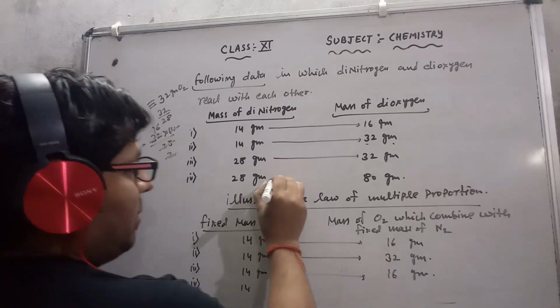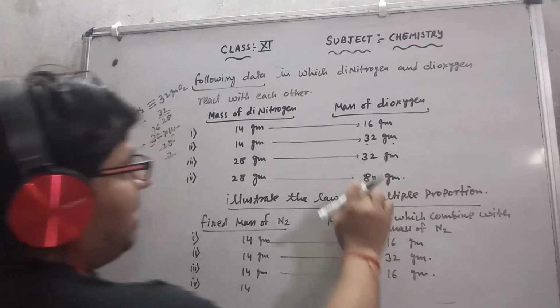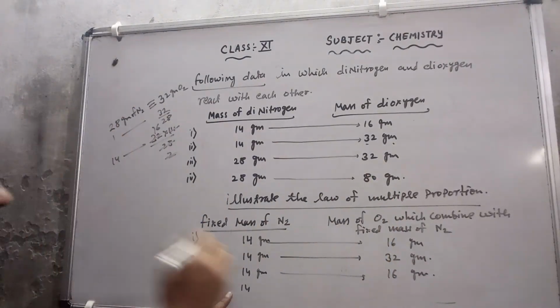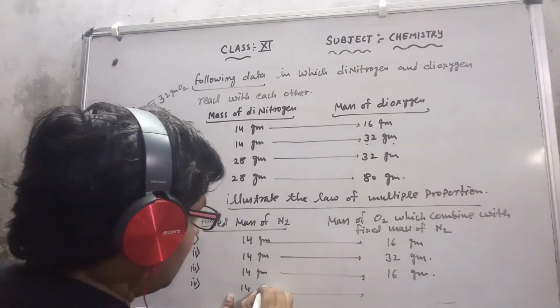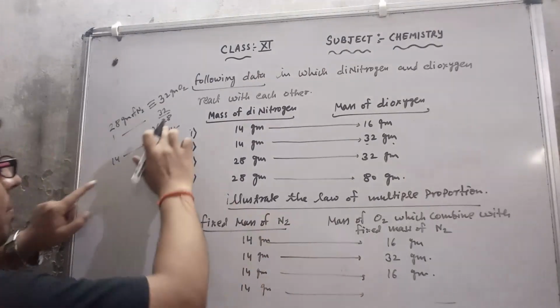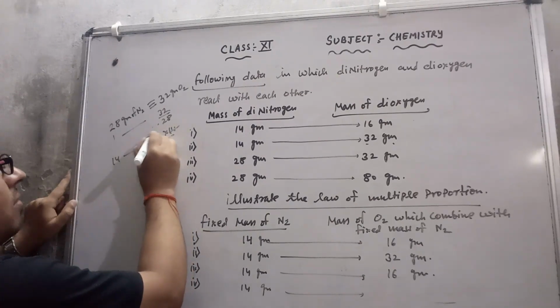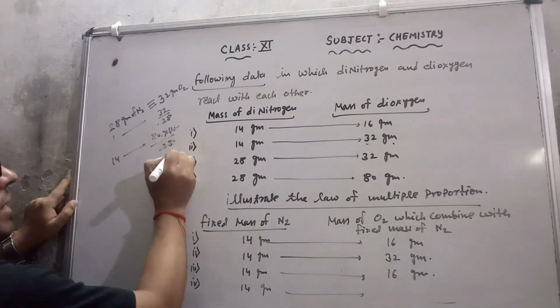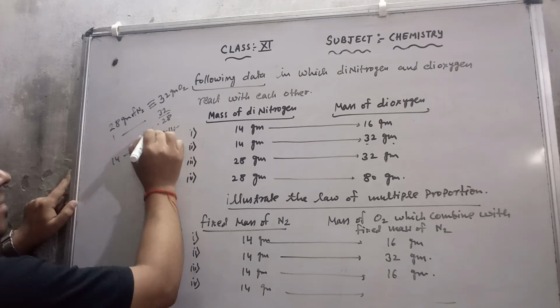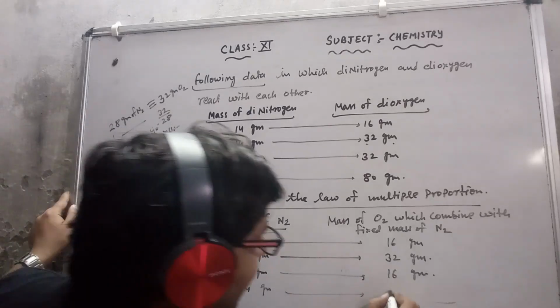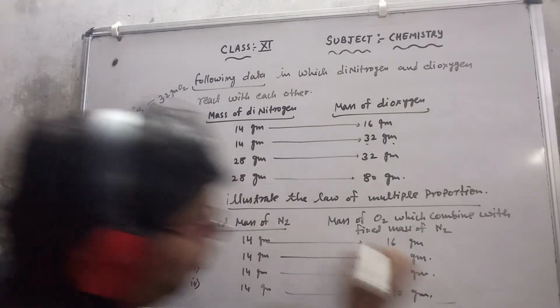Same, 28 gram gives 80 gram of oxygen. So for 14 gram, in place of 32, what will be coming here? 80 times 14 upon 28. If I cancel it, this is coming 40. So I need 40 gram of oxygen.